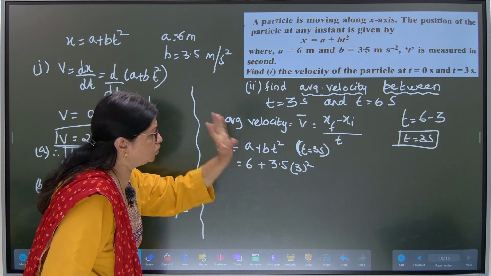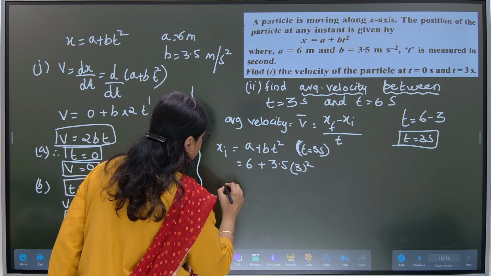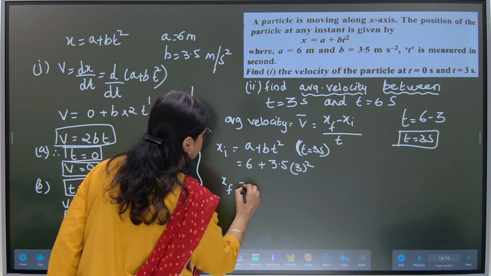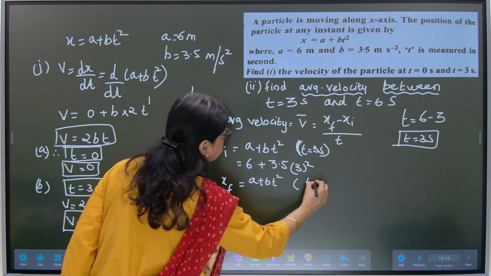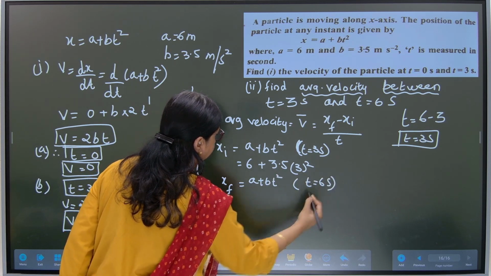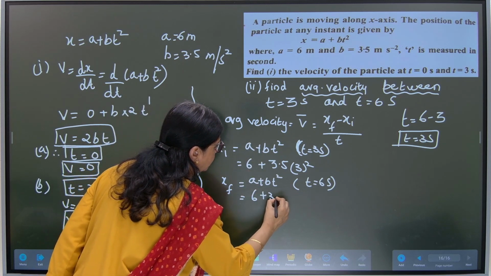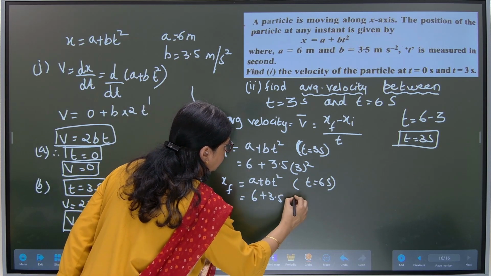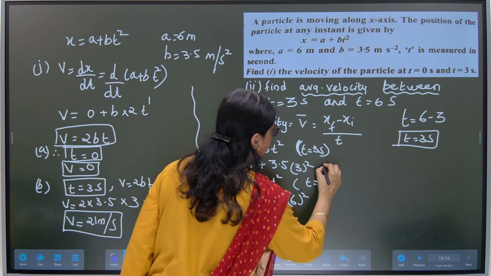Understood? t square, so 3 square. Okay. What is xf? Again a plus bt square. What should I substitute? t is equal to 6 seconds. What is a again? 6. What is b? 3.5. What is t? 6 square. Agreed?